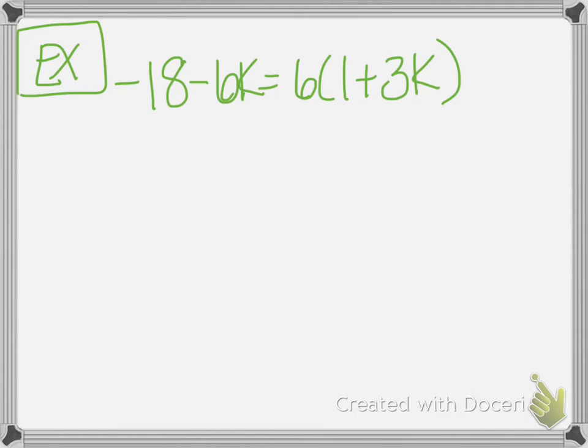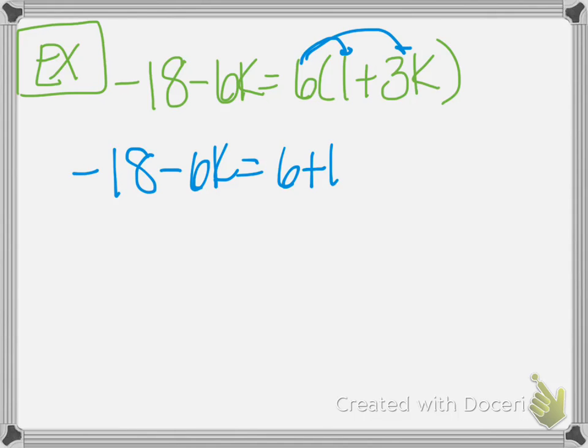A little bit harder one. Right now I have a parentheses on the left side, so I'm going to have to start with that distributive property, and I'm going to have to multiply in the 6. When I do that, I'm going to get 6 plus 18k. So I'm going to take the negative 6k and add 6 to both sides.